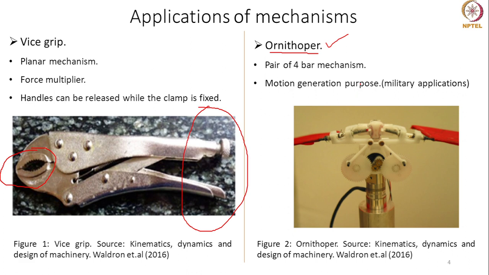Suppose we want to do surveillance of a sensitive area, say a military area, where we don't want our foot soldiers to go and survey in person. So we can design an ornithopter mechanism such that it can fly and is camouflaged in a fleet of birds. So we have a fleet of natural birds, and inside that they camouflage this ornithopter mechanism and send it for surveillance.